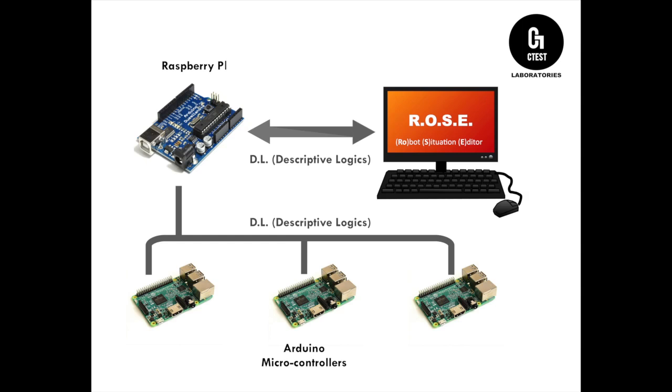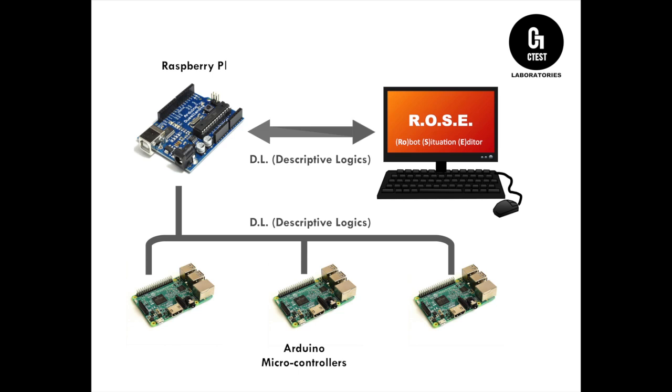ROSE does have the ability to talk to our Pantheon, our internal cluster at Ctest Labs, when it needs to. But for the CSI Clue, everything that it needs, it can run on a local laptop. And so ROSE connects to and talks to the Raspberry Pi directly.